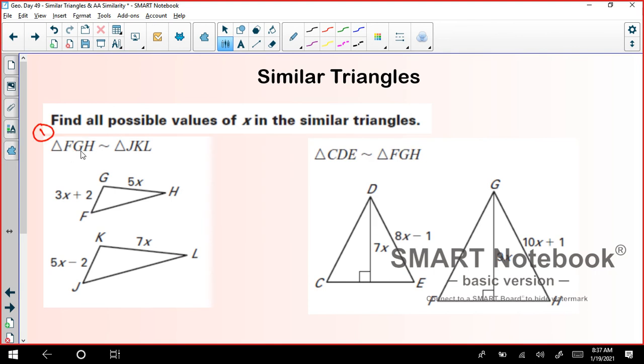Okay, they have given triangle FGH. This particular symbol is used for similar, as we had discussed. Triangle FGH is similar to JKL, which means angle F is congruent to angle J, angle G is congruent to angle K, and angle H is congruent to angle L. Based on the similarity, you also have the sides proportional.